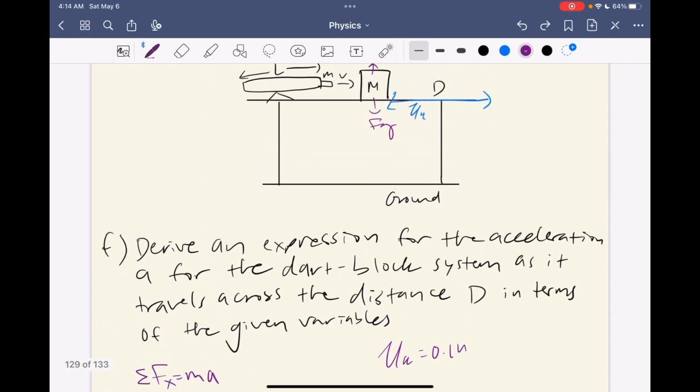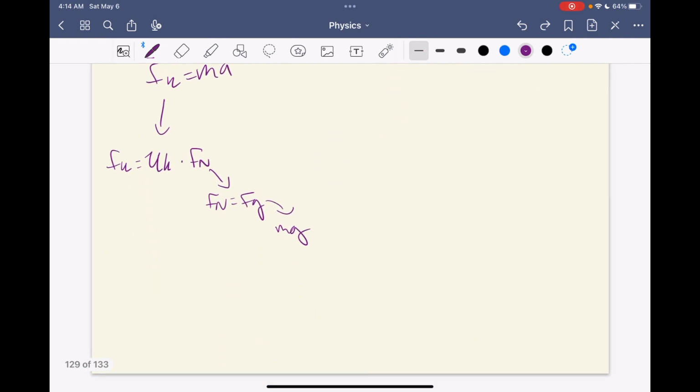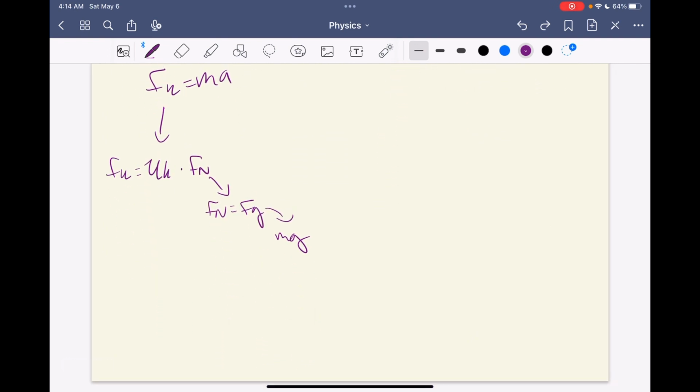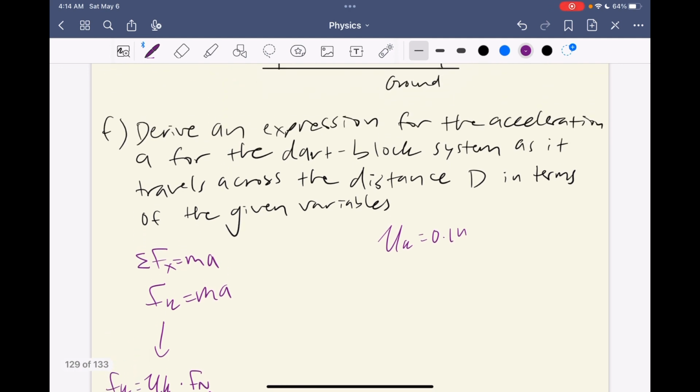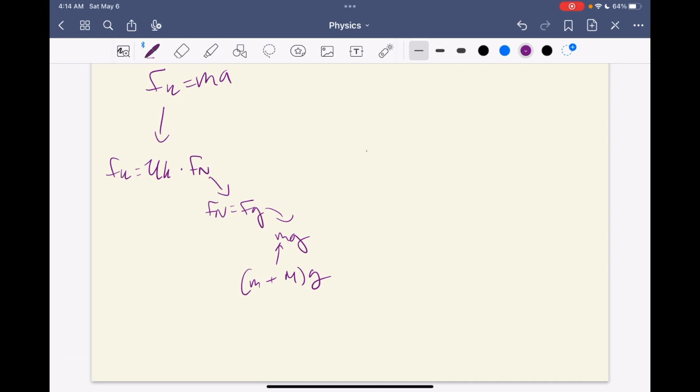However, the question says to derive an expression for the acceleration of the dart block system. So that means we have to account for both of the masses, of the dart and of the block. So m would be lowercase m, the mass of the dart, plus uppercase M, which is the mass of the block, times g. So adding all of this together, we can create an expression for the acceleration. So Fk equals mu k times (m plus M)g.